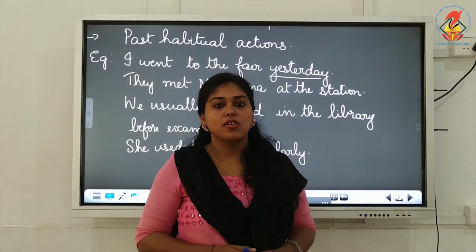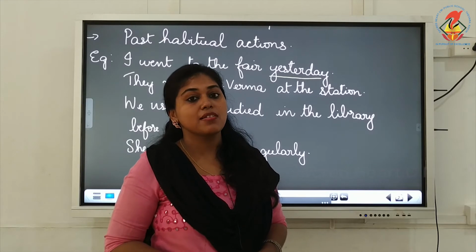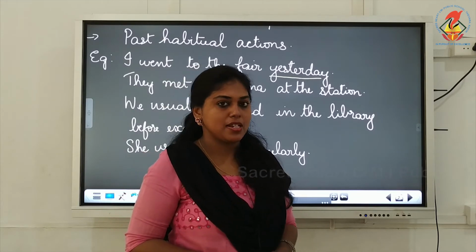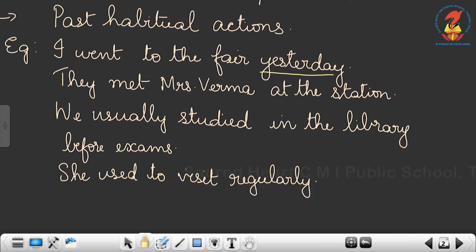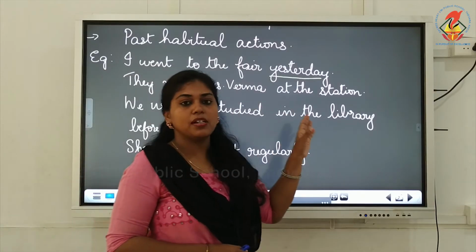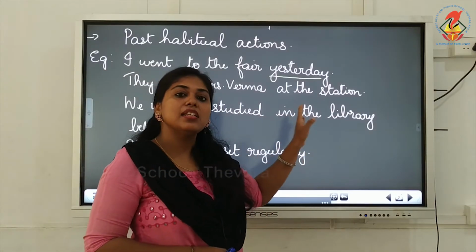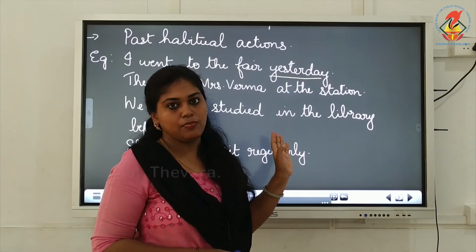Now we already saw that to indicate past habitual action also we use simple past tense. Let's see what is habitual action. We usually studied in the library before exams. See here, regularly they used to study in the library.